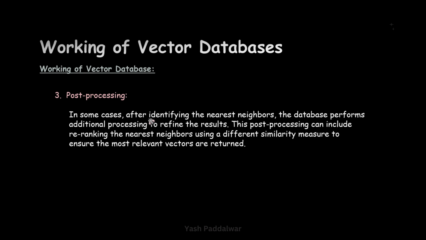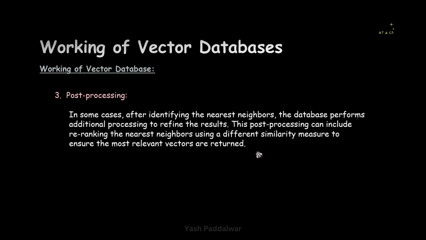In some cases, after identifying the nearest neighbors, which are nothing but the closest vectors we got by applying the similarity metric, the database performs additional processing to refine the results. This post-processing can include a re-ranking technique, re-ranking the nearest neighbors using a different similarity measure to ensure the most relevant vectors are returned.